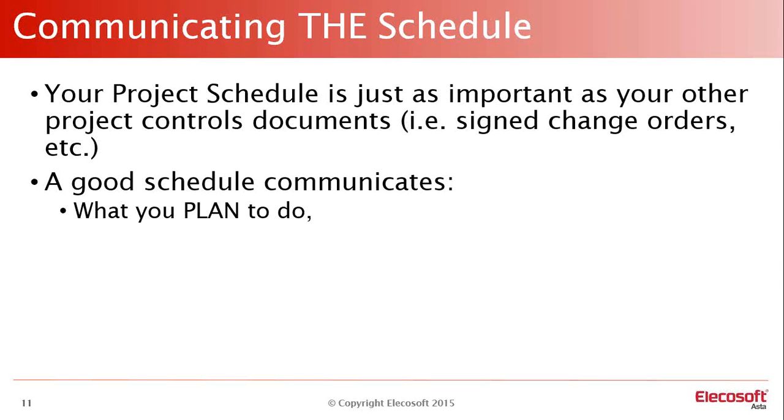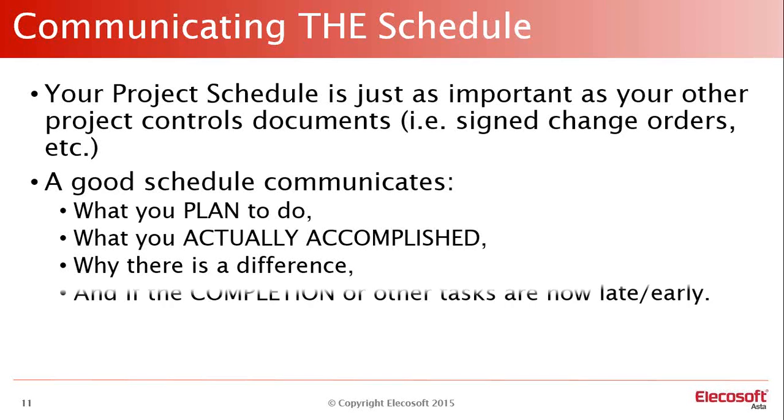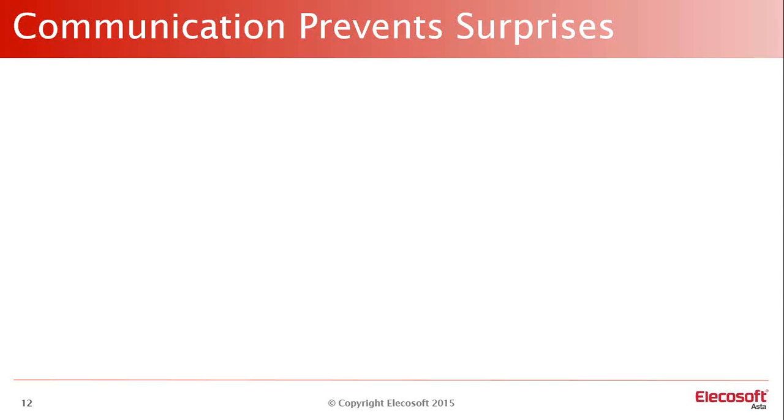But what does a good schedule communicate? Well, clearly it communicates what you plan to do. It communicates as you progress, what you've actually accomplished. It should communicate why there's a difference. The why is the question you'll be asked in those monthly meetings, if that's as frequently as you meet. And it should clearly communicate with a critical path, the changes in the final completion or ramifications on other projects.